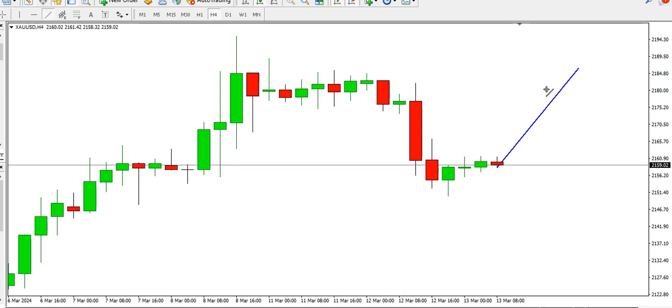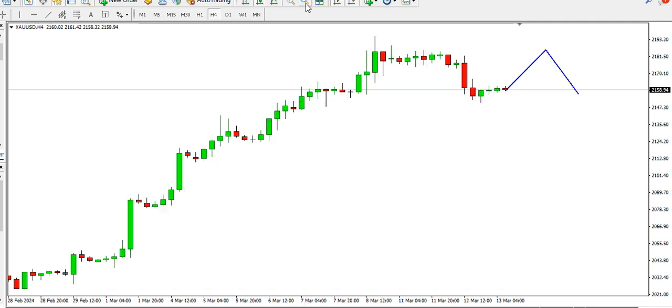Price might end up ranging, and as price ranges, before some traders will have realized, so many accounts will have been blown, because we keep clearing stop losses to the downside, clear stop losses to the upside, before finally either continuing up or dropping down. So it's a tricky one at this particular point.